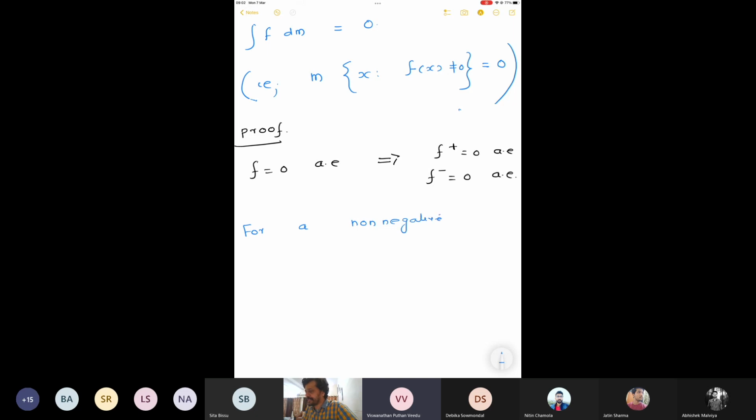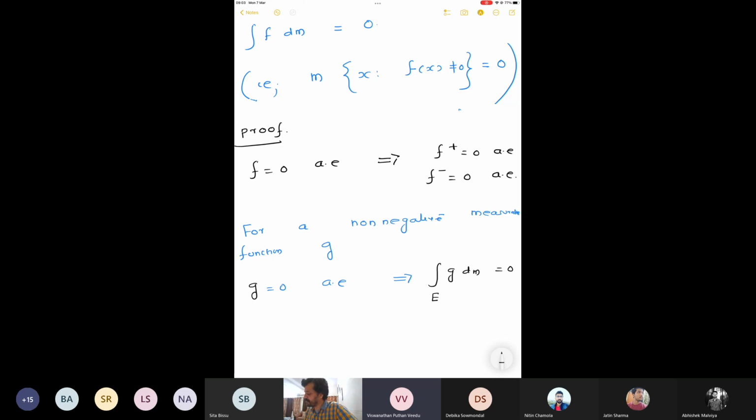For a non-negative measurable function f equal to 0 almost everywhere implies, maybe I will put a different name, for a non-negative measurable function g, g equal to 0 almost everywhere implies the integral of g dm is equal to 0.